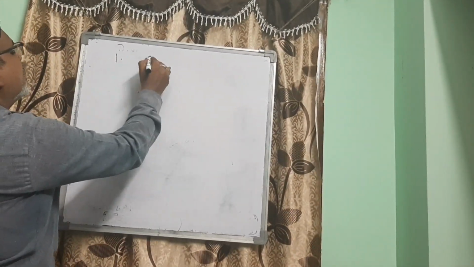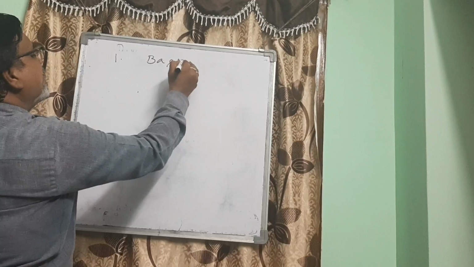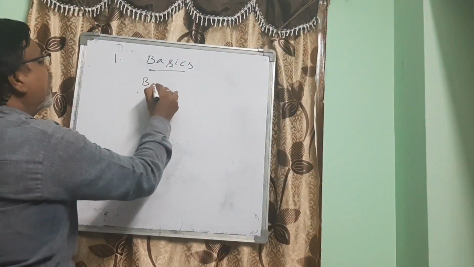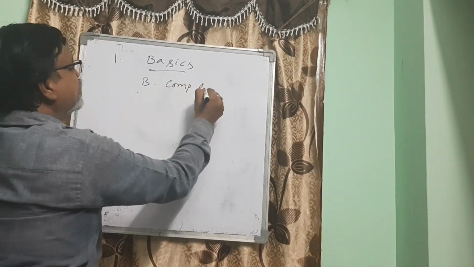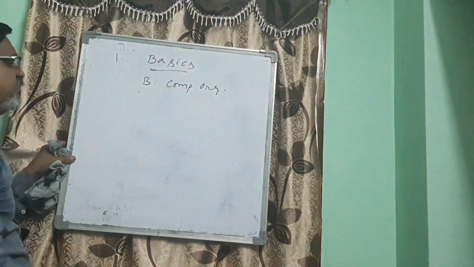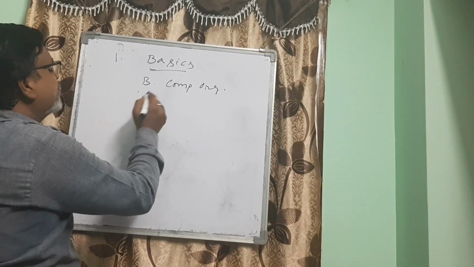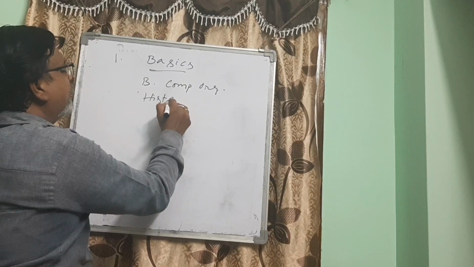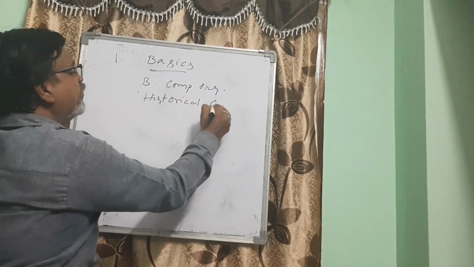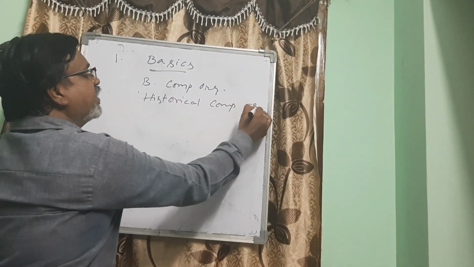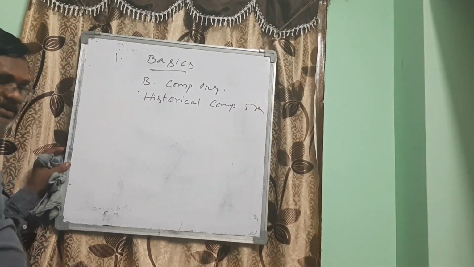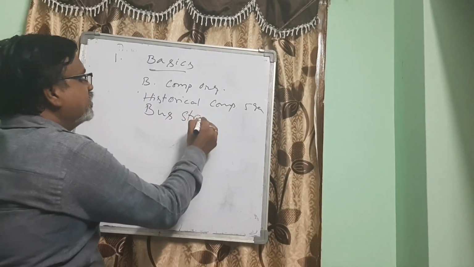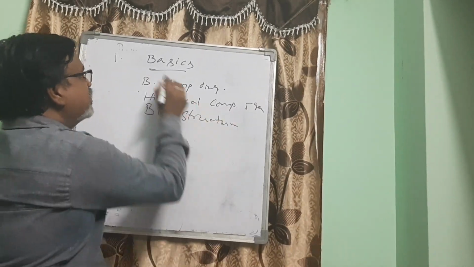Part 1 is basics: basic computer organization, historical representation of computers, where we discussed 5 generations of computers, and the bus structure.